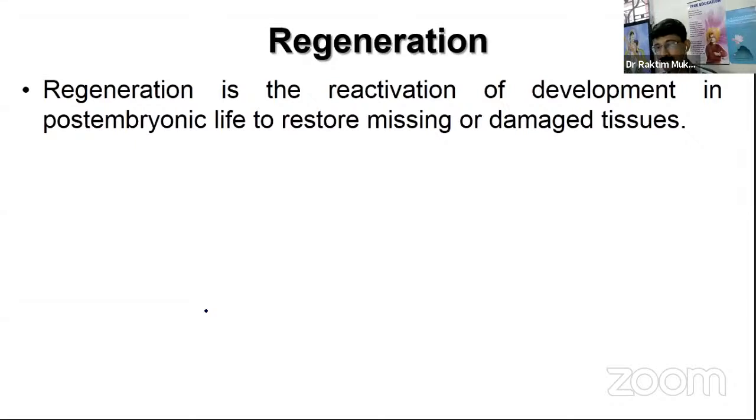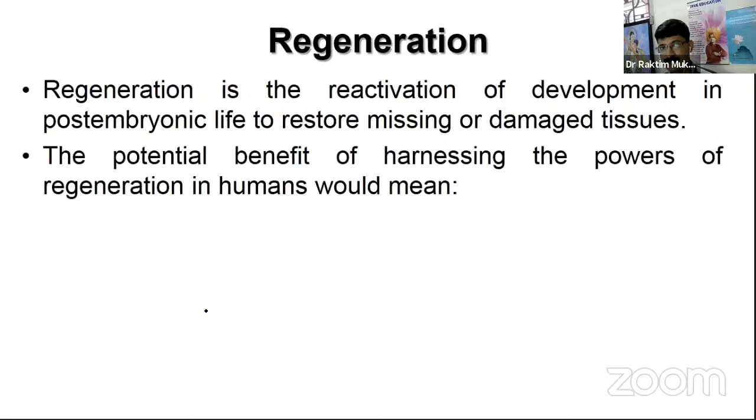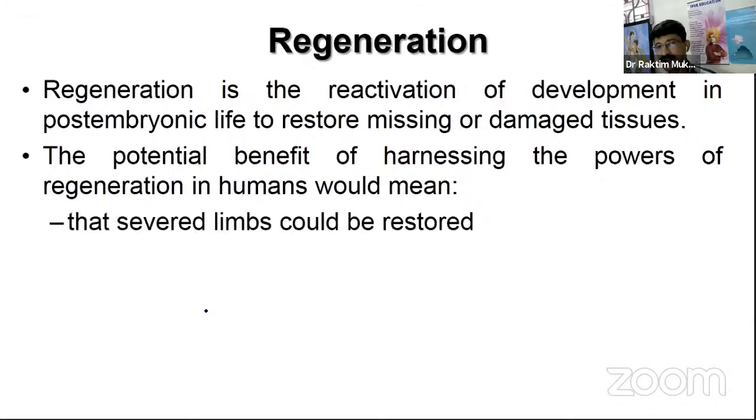One of the potential benefits of harnessing the power of regeneration in humans is that many people undergo limb amputation, due to gangrene from anaerobic bacteria, or someone in a hurry to catch a train falls off the platform and the limb is amputated. With regeneration biology, harnessing its powers would mean that several limbs could be restored.